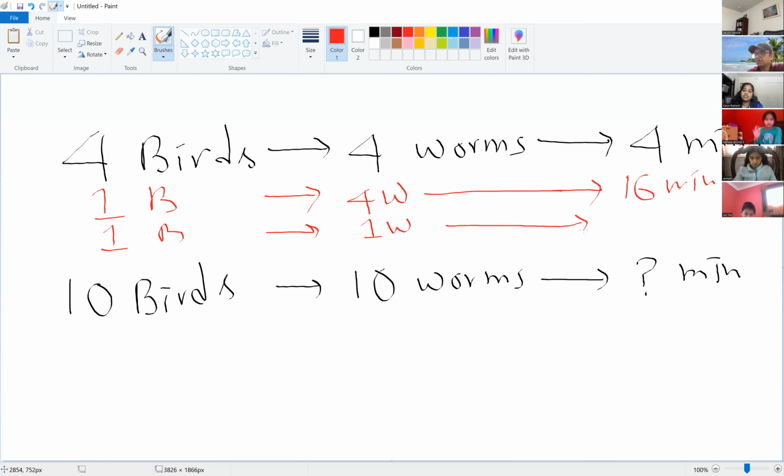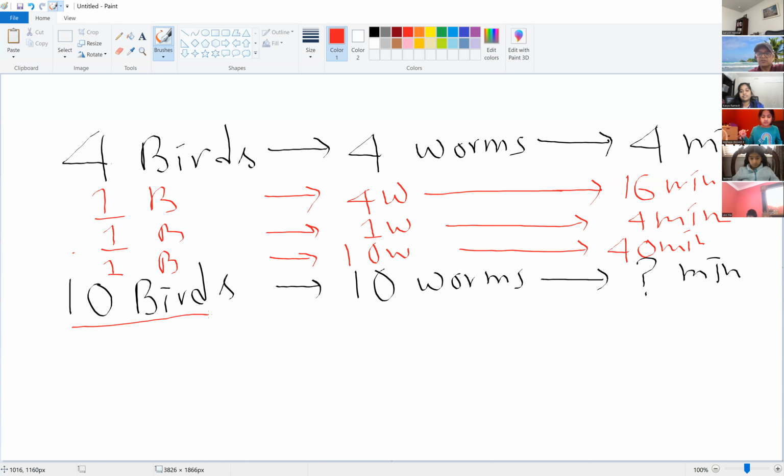Now it will take less time because instead of 4, he has only 1. So it will be back to 4 minutes. Then if I do 1 bird, 10 worms, now he has to work 10 times, which would be 40 minutes. Now finally you have 10 birds, 10 worms. So this would be 40 divided by 10, which is 4.